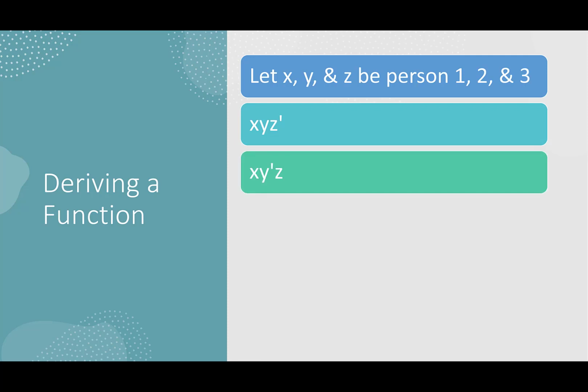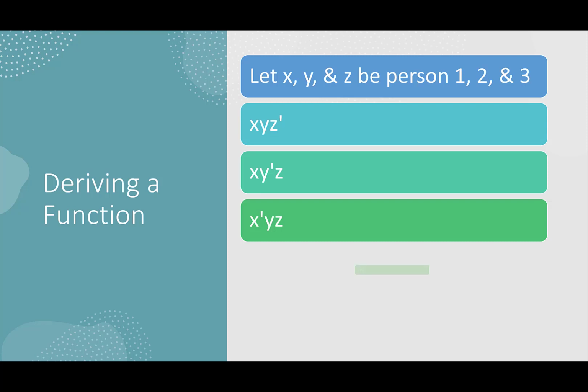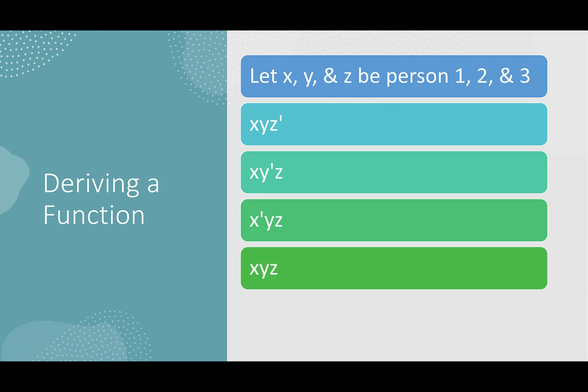Here's another combination that's true. And here's another one, okay, and there's actually one more. It's this one, where all of them said yes. That's also allowed, right? So because we only have 3 people, there are 3 variables, so our min terms are all going to contain 3 variables, x, y, and z, and they're going to be some combination of their value or complement of their value.